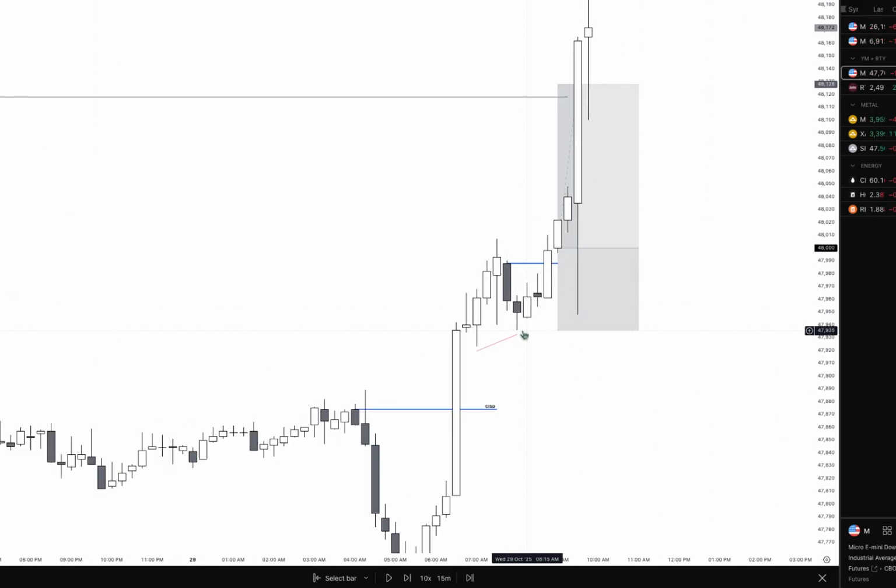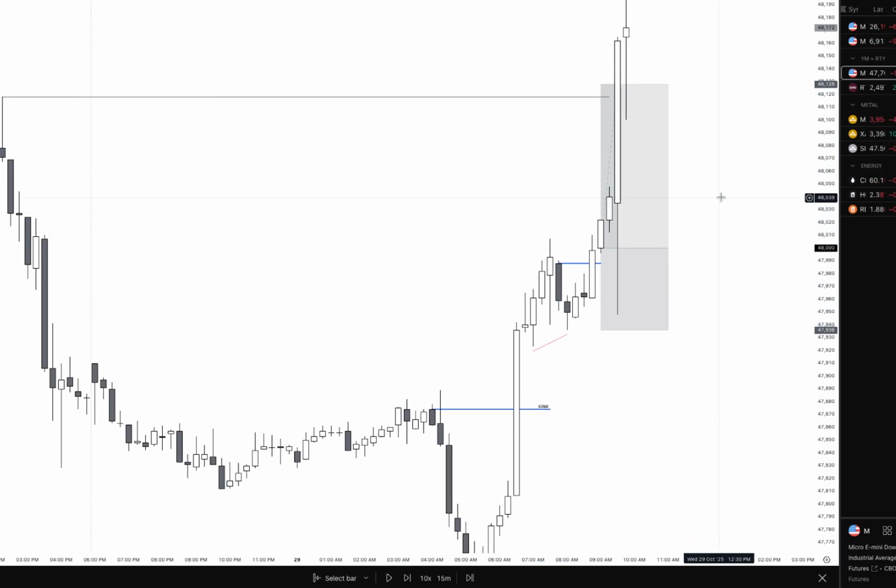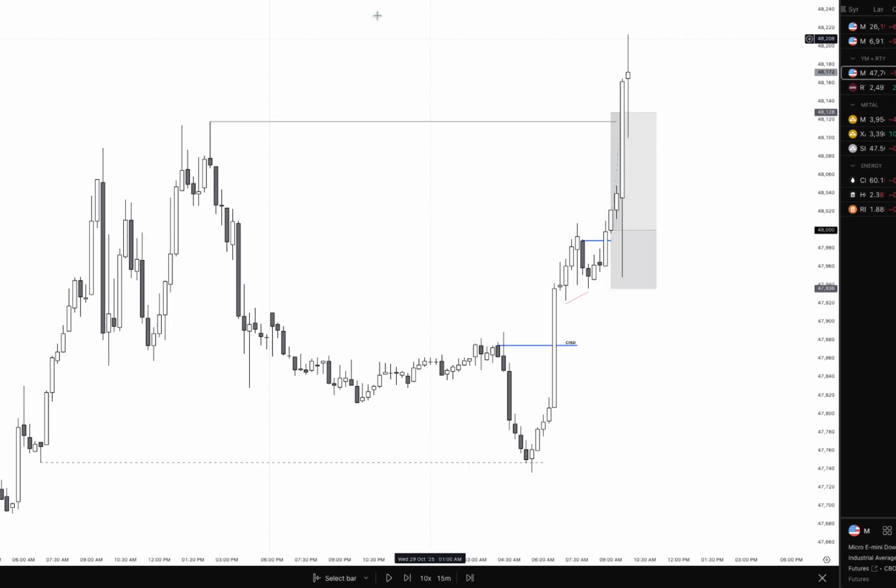This is my entry signature with an SMT with NASDAQ. I'm entering right when this close happens above the signature of down close candles. This is what I'm entering, aiming for the high or a 2R.